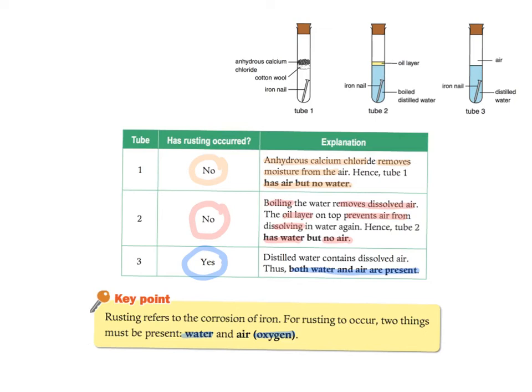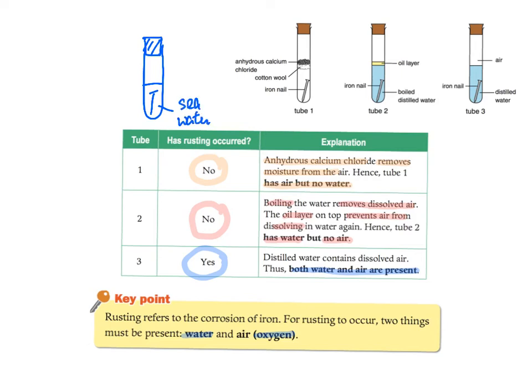Sometimes, for this setup, you may see a modified version of it. So we will have a test tube. Again, we have the nail in it. You see that in this setup, we don't have an oil layer. However, the water that we use may be seawater.